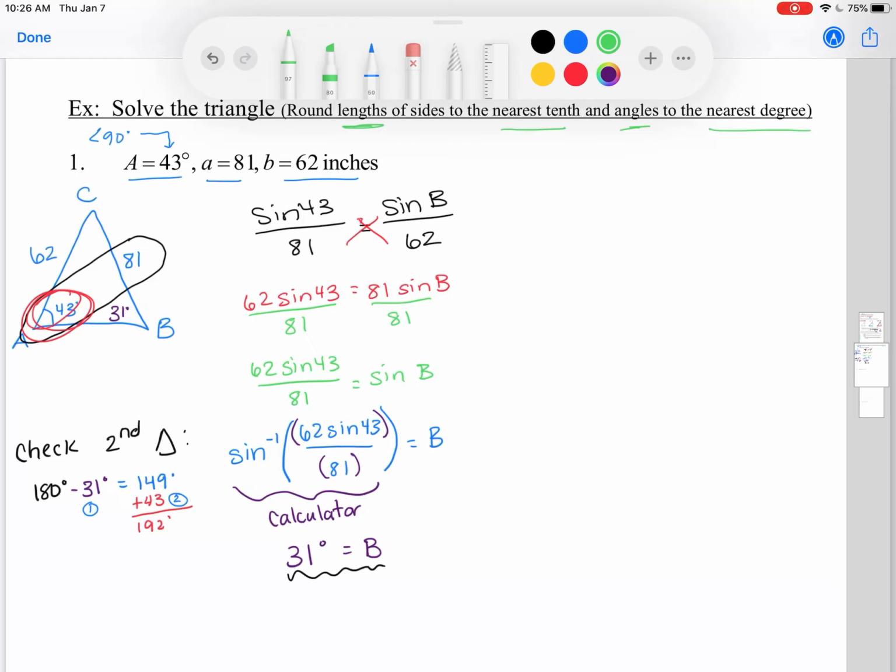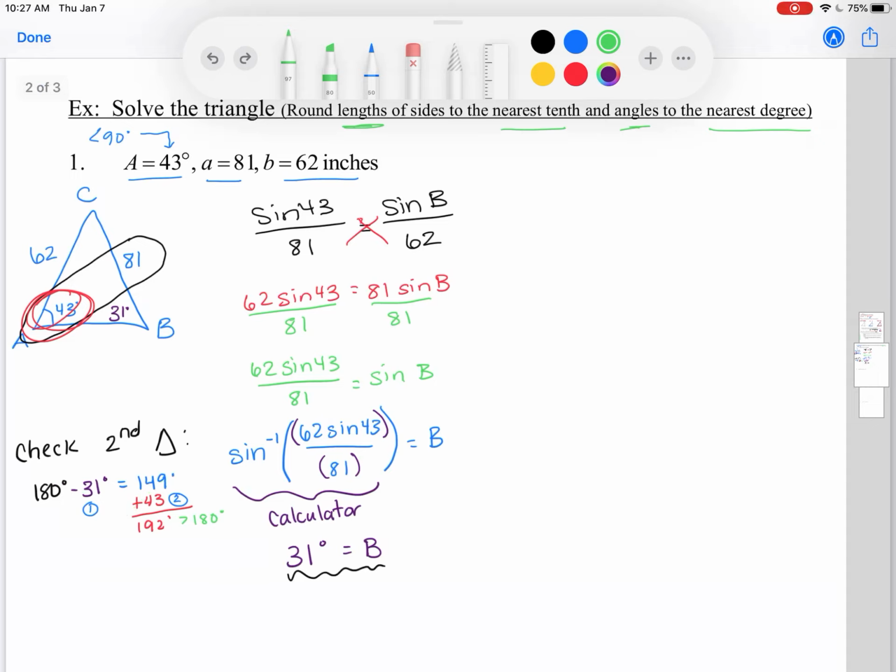Well, 192 is way too big. It's greater than 180 degrees, therefore this is not going to make a second triangle for me. So I am done checking and I can move forward solving that one triangle just like I did in 6.1a.